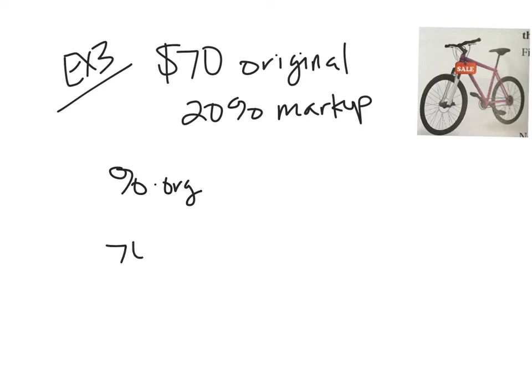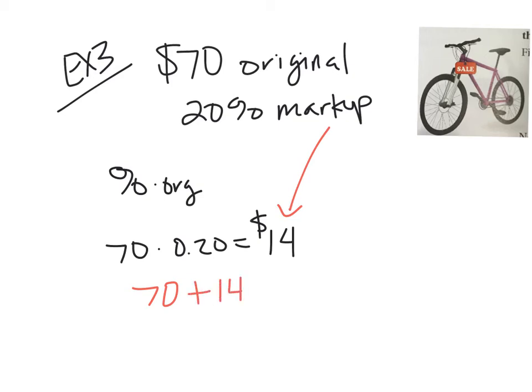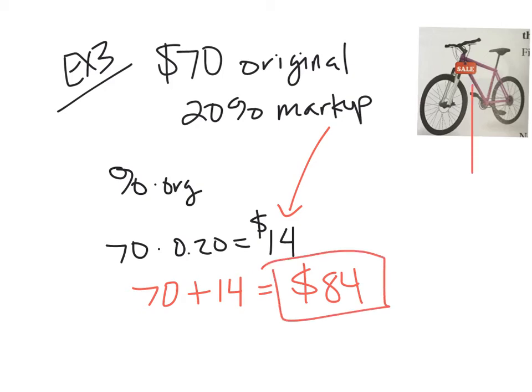So I'm going to say $70 times 20%, which is 0.2. So 70 times 0.2 is going to give you 14. So this is the markup price. But in order to get the new selling price, you have to add it. So you say $70 plus $14 gives you $84. So the new sale price of this bicycle is $84.